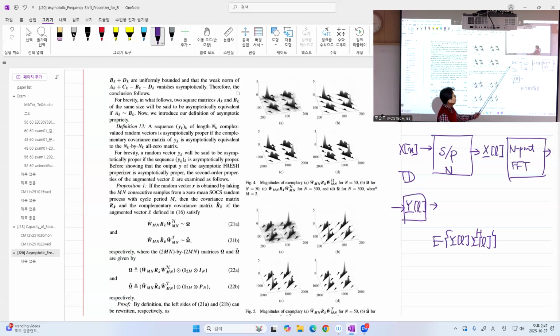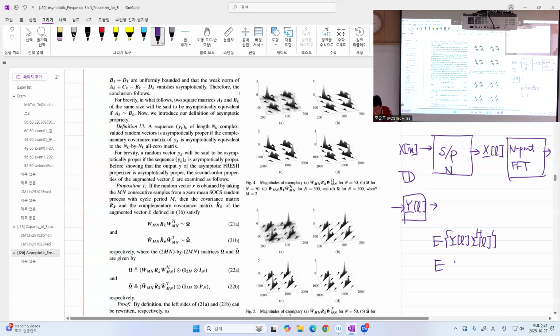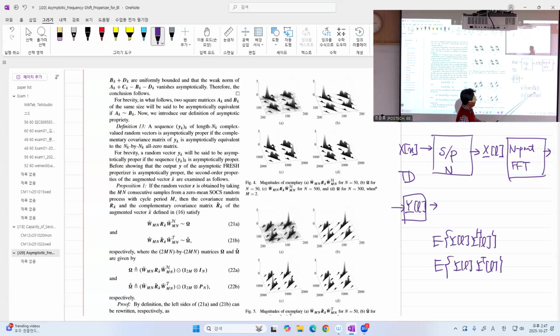And interestingly, if this is cyclostationary, improper cyclostationary, then what happens? Your signal has two correlation matrices, one which is Hermitian symmetric and one which is Hermitian anti-symmetric. Now let's take the magnitude of them.